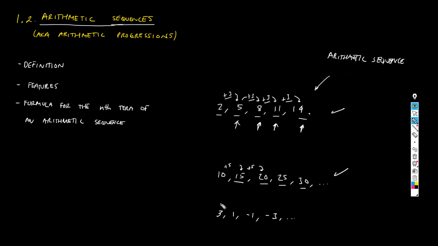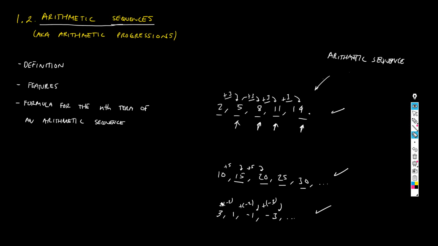We are adding the number -2. Okay, so it can be either a positive number or a negative number. 3 plus -2, we get 1. 1 plus -2, we get -1. -1 plus -2, we get -3, and so on.